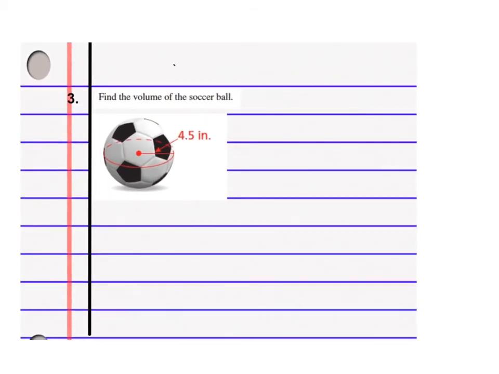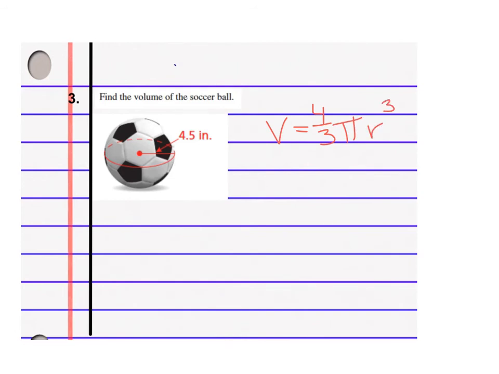All right, this one's for Mr. Dow, the soccer fan. Find the volume of a soccer ball. So just make sure, it's very easy to get all these formulas confused. Volume, we are using 4/3 pi r cubed. Volume is cubed. So we're just kind of plugging and chugging with our formula here. 4/3 pi, my radius is 4.5 inches, cubed.